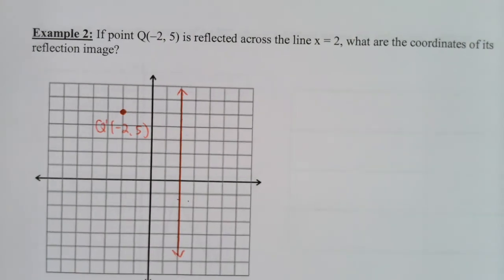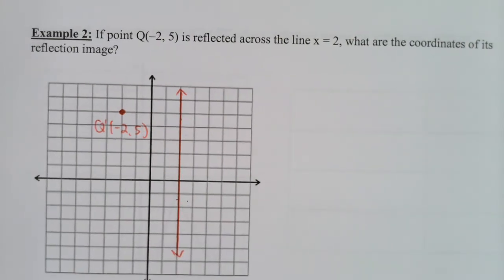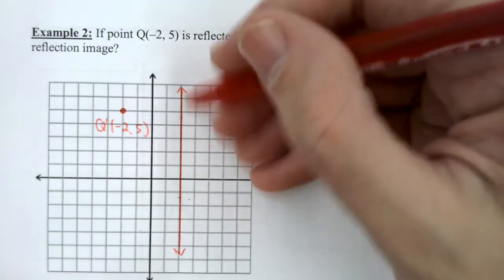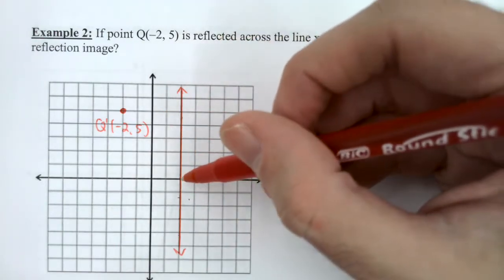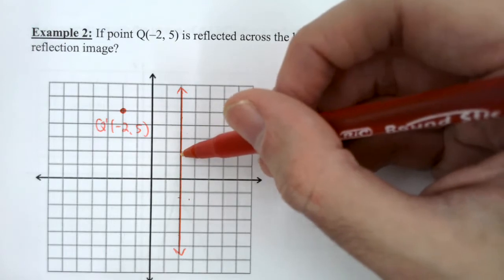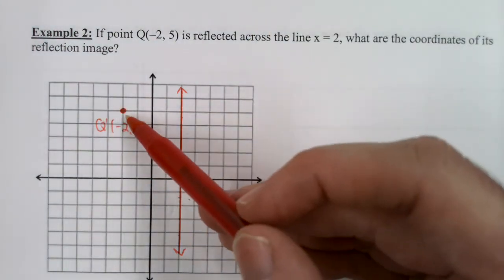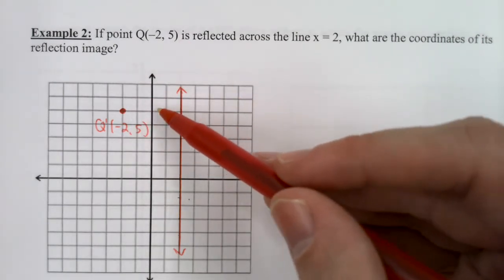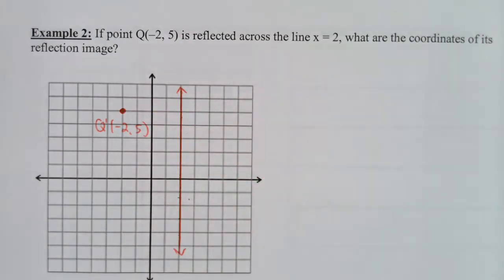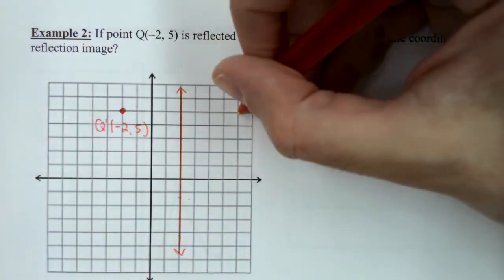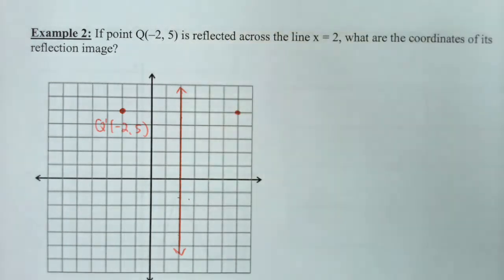Okay, so now reflect point Q across the line x equals 2. Again, this is the line x equals 2 because everywhere on that line x equals 2. That's 2, 0, that's 2, 1, 2, 2, 2, 3, 2, 4, 2, 5, and so on. So anyway, look at Q. Q is 1, 2, 3, 4 units to the left of my line of reflection. So that means that Q prime is going to be 1, 2, 3, 4 units to the right of my line of reflection.